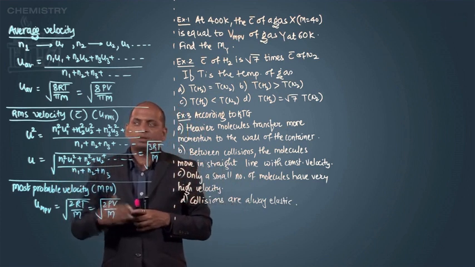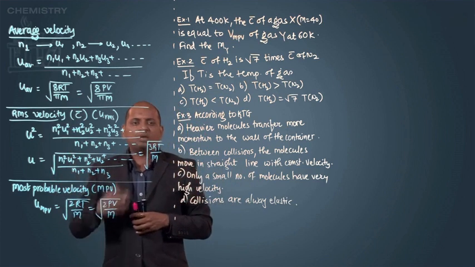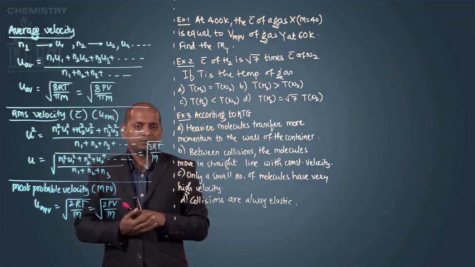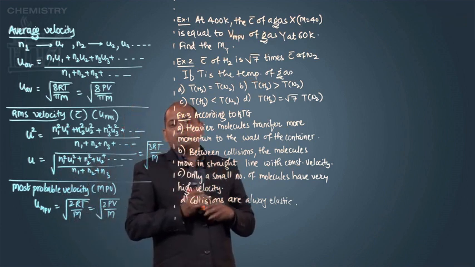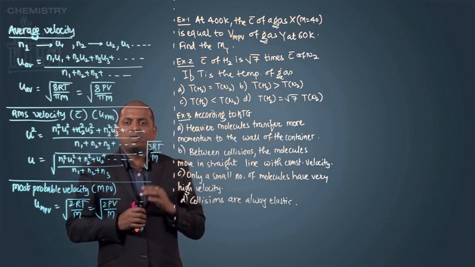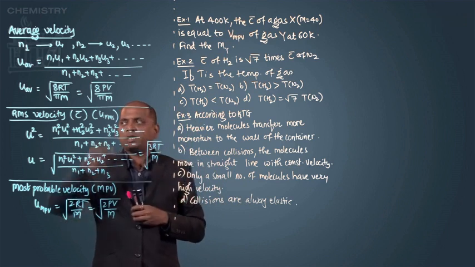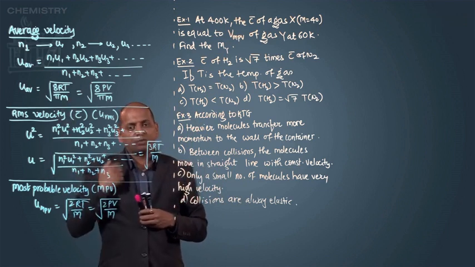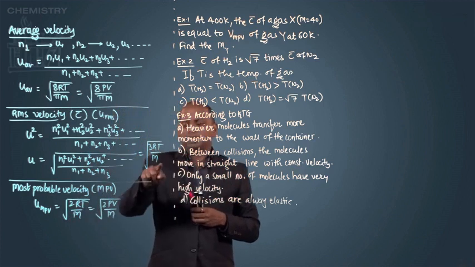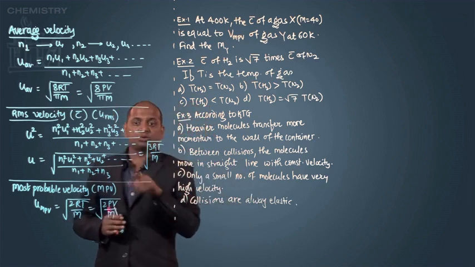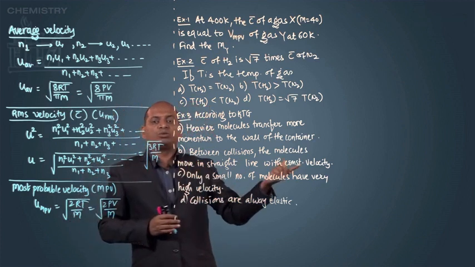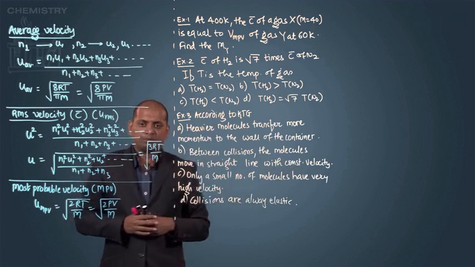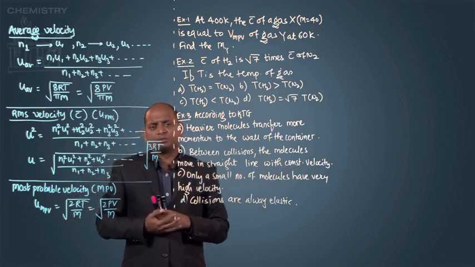In problems you can directly take the ratios and calculate those relations. What we need to remember are these relations, because we are going to use them while solving conceptual problems.